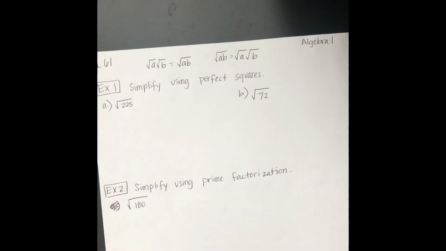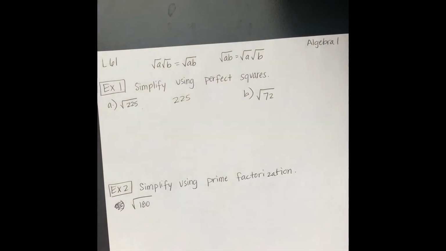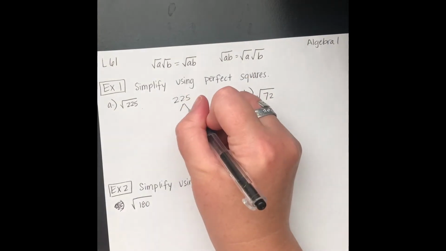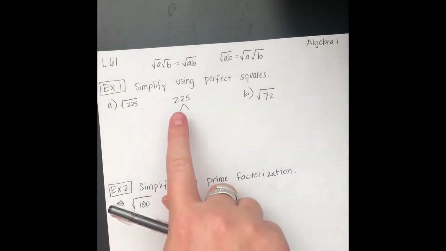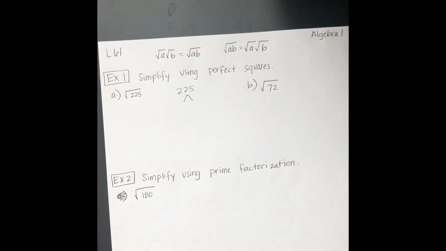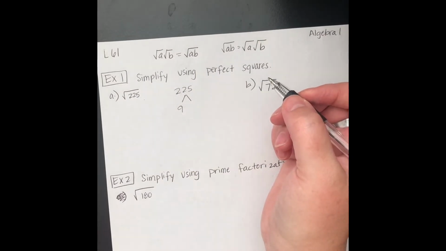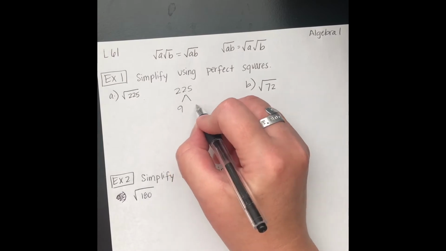You can use your radical because this is a perfect square, but you can also find factors of 225 that are perfect squares. 4 is a perfect square, meaning you multiply the same number together 2 times to get 4. 2 times 2 is 4. 9 is a perfect square. You multiply 3 times 3 to get 9, the same number 2 times. And actually, 9 is a factor of 225. 225 divided by 9 is 25.